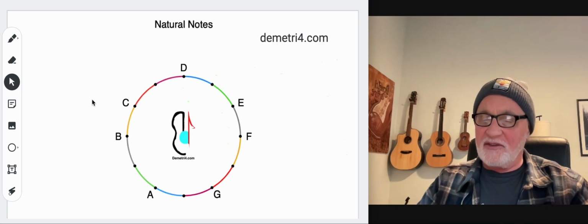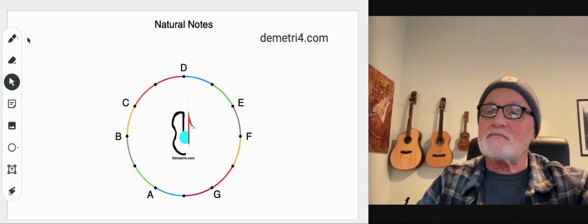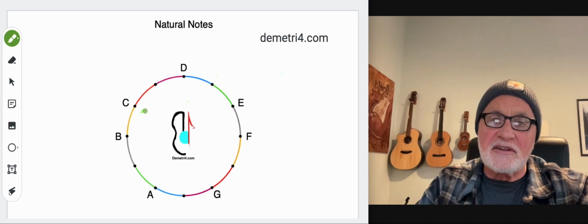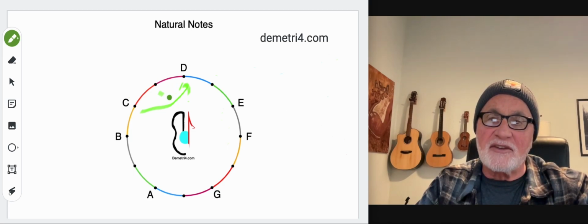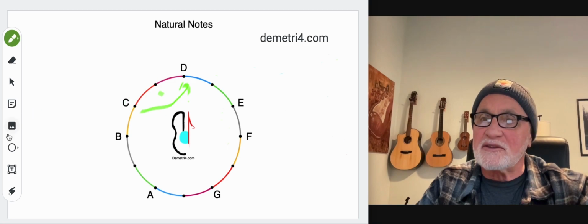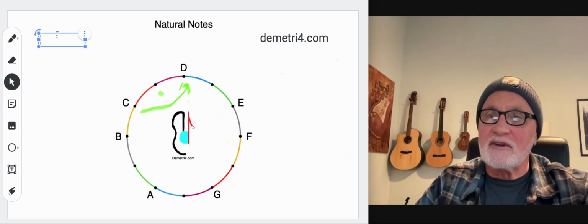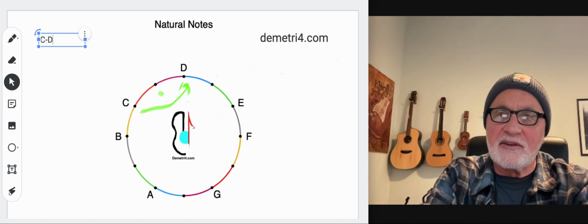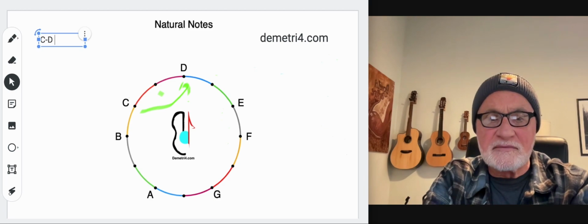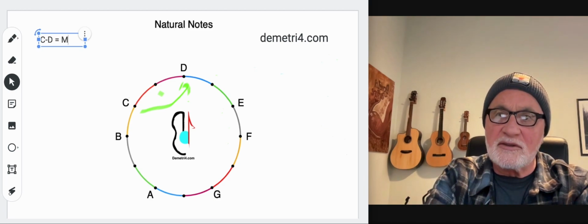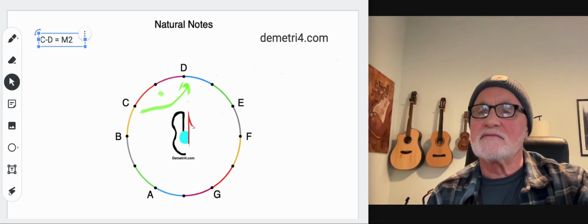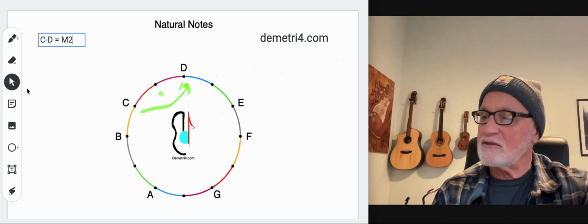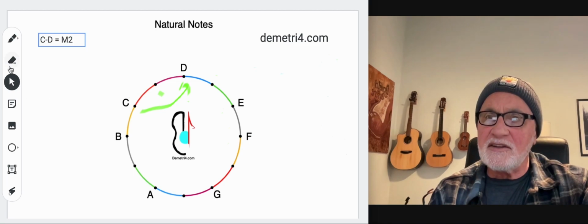For example, C to D is a whole step. So here's C to D, 1, 2 dots. 2 dots is a whole step or a major second, okay? So C to D is a major second, 2 dots.